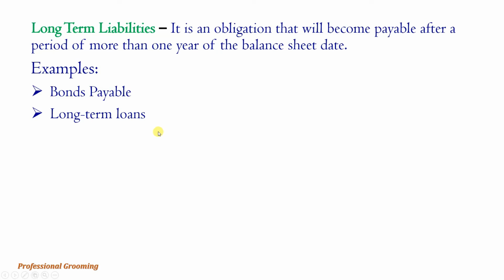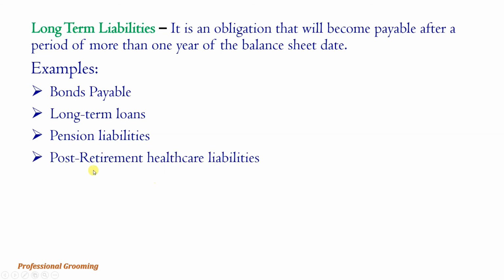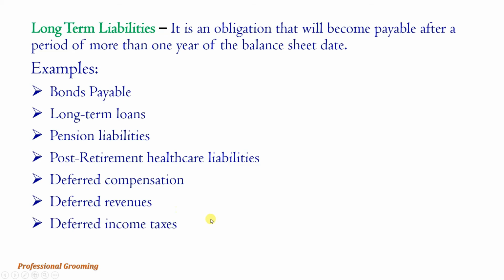Long-term loans, we have loans from the banks for 5 years, so those are also long-term liabilities. Pension liabilities, we are paying pension to the employees, which is very long term, so those are also long-term liabilities. Post-retirement healthcare liabilities, deferred compensation, deferred revenue, and deferred income taxes.